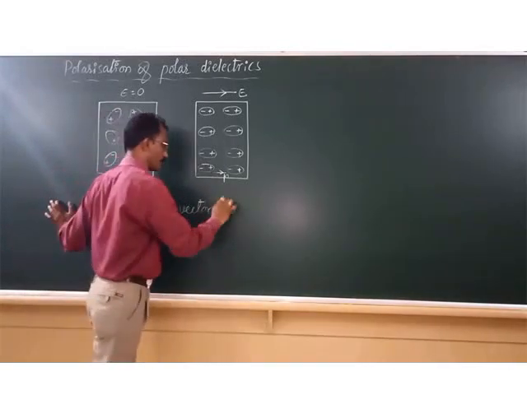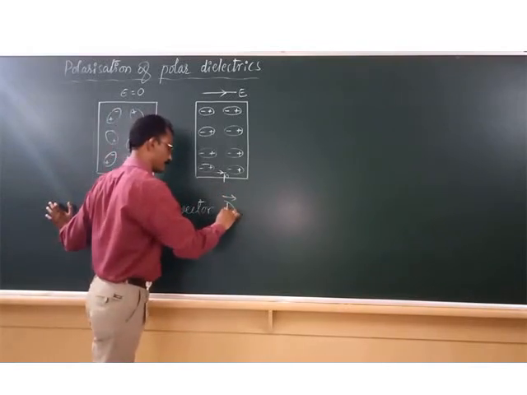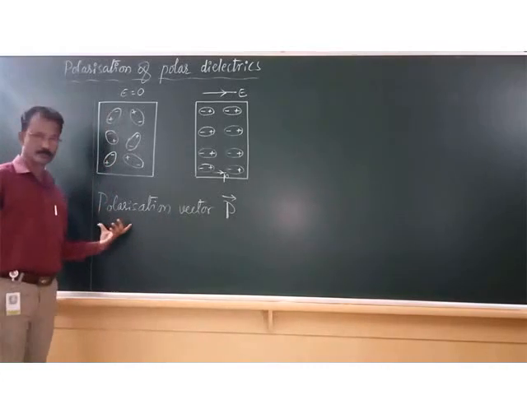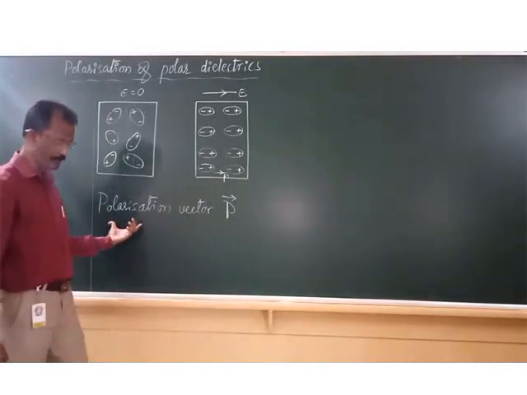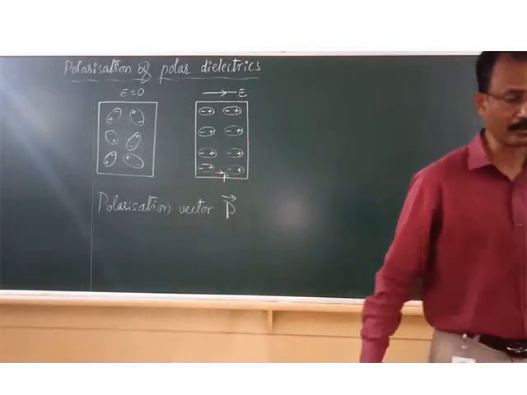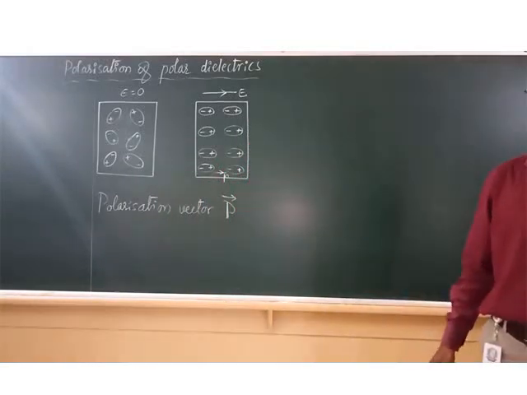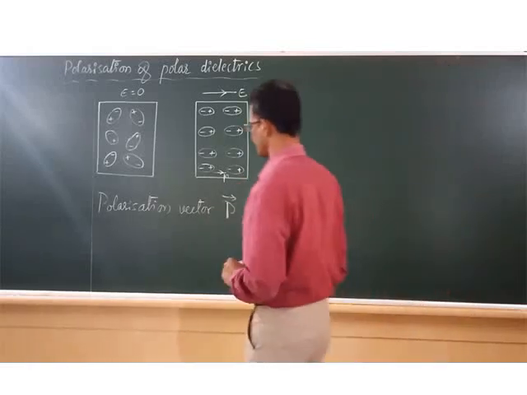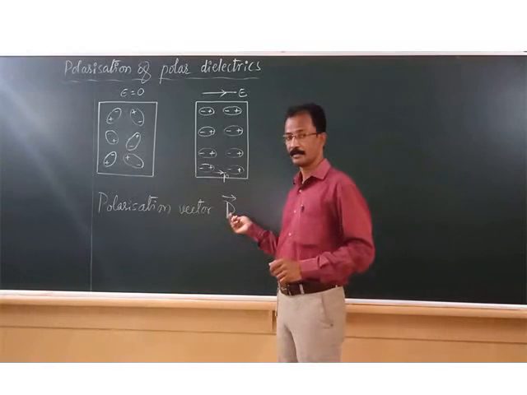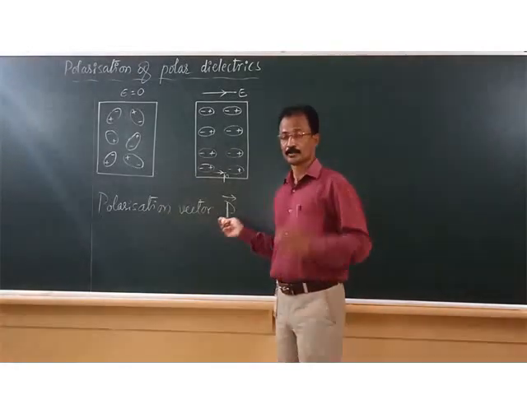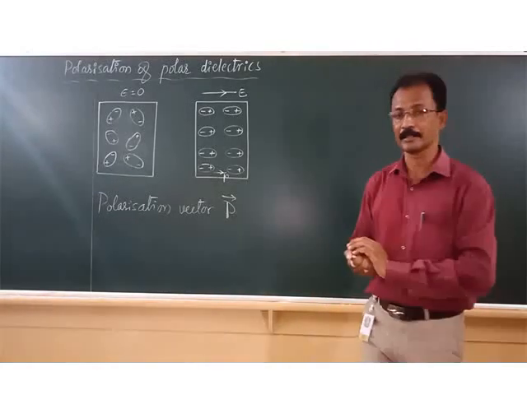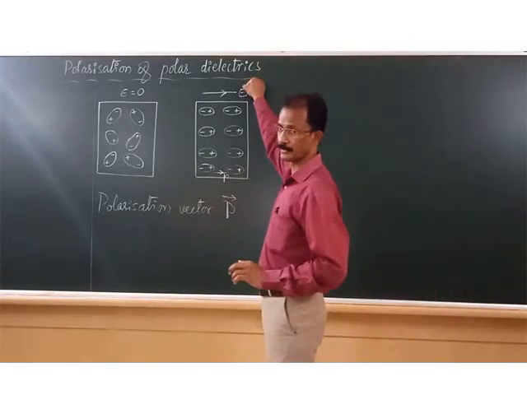It is denoted by vector P. When the dielectric slab is polarized, the net dipole moment per unit volume of the dielectric when placed in the external electric field is called the polarization vector. It is denoted by vector P. So the direction of the polarization vector is in the direction of the external electric field.